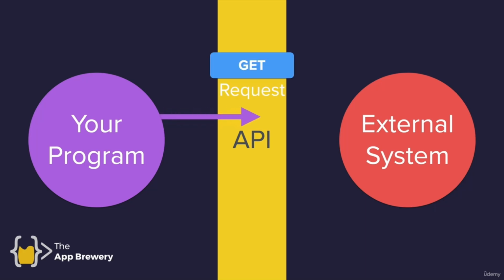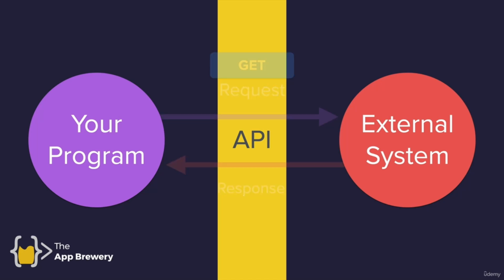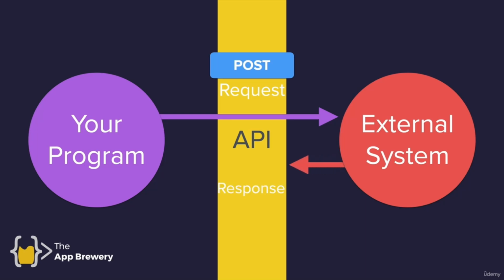Whereas a GET request is made where we ask an external system for a particular piece of data and they give that to us in the response, a POST request is where we give the external system some piece of data. And we're not so interested in the response we're getting back other than whether it was successful or not.